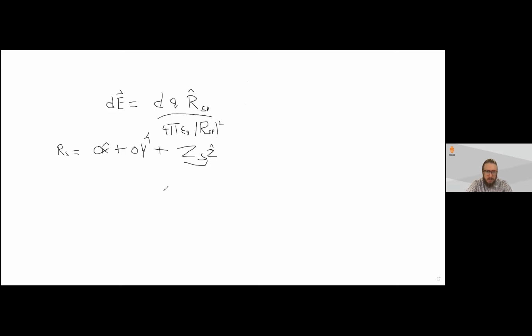In your case, DL would be ZS, because we are integrating along where the source of that charge is. And that's part of what is going to make this a difficult integral to solve.